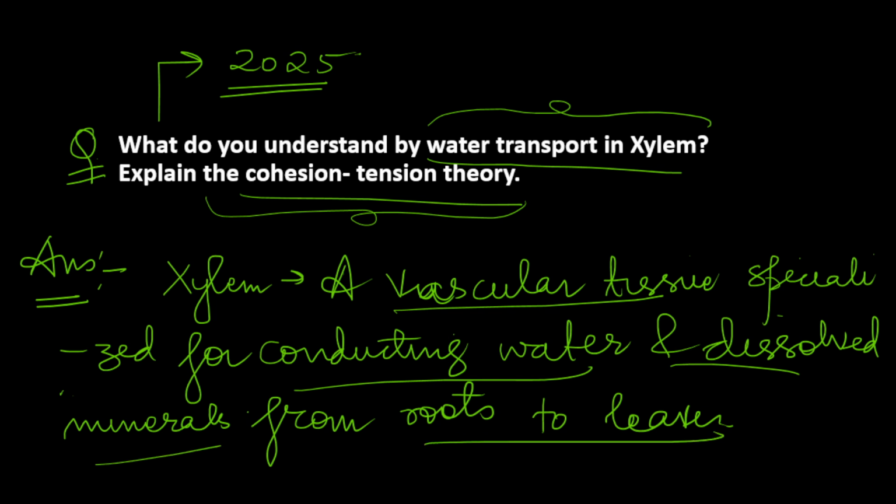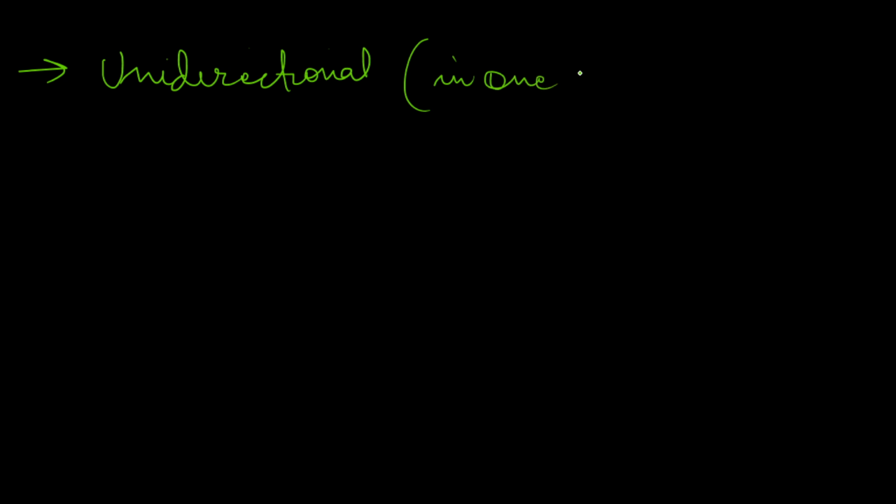Okay. Now you can discuss a bit about water transport in xylem. So when you see the water transport in xylem, it is unidirectional. That is in one direction, which is generally upward.